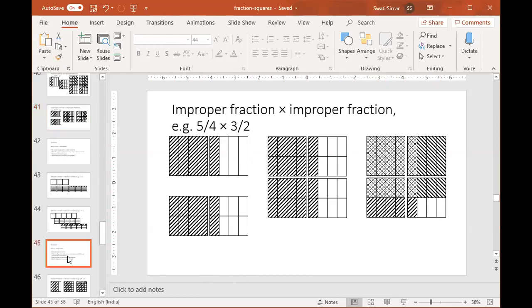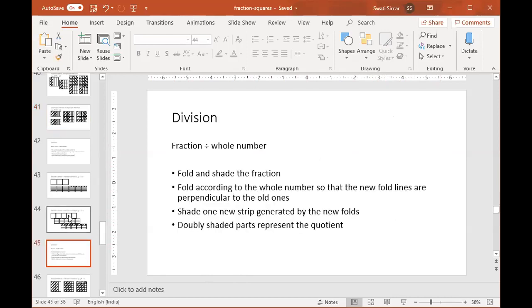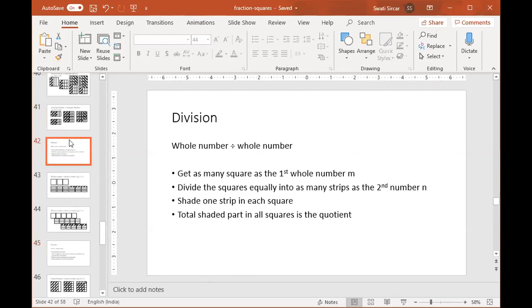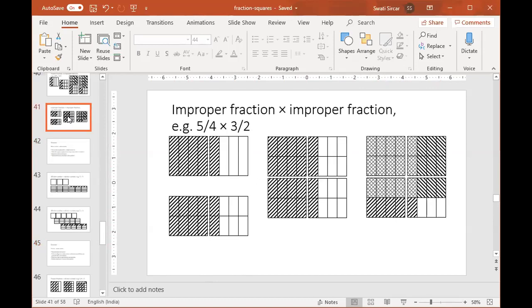Okay. So these are the 4 ways you can think about multiplication.